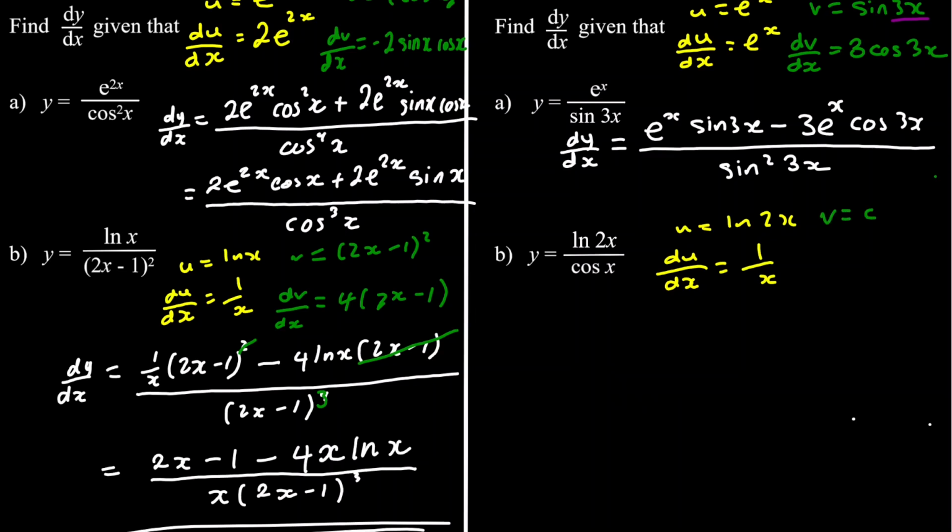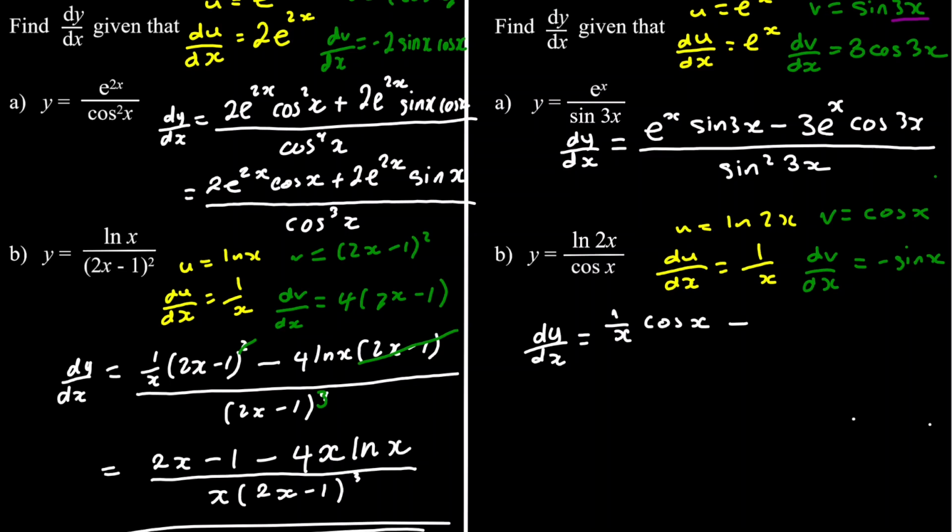V is cos x. So dv dx, cos differentiates to give negative sine. So dy dx is v du dx, 1 over x times cos x, minus u dv dx.